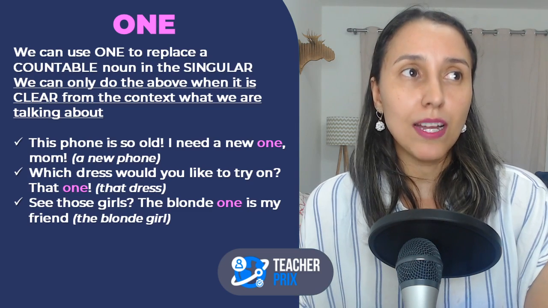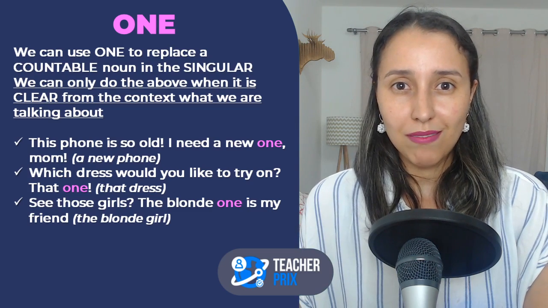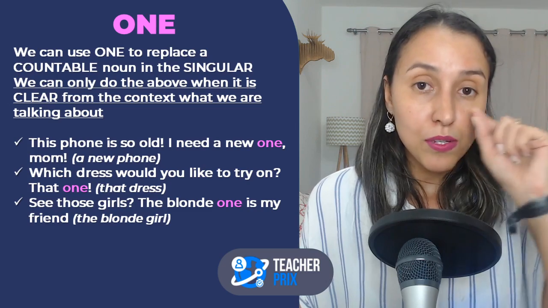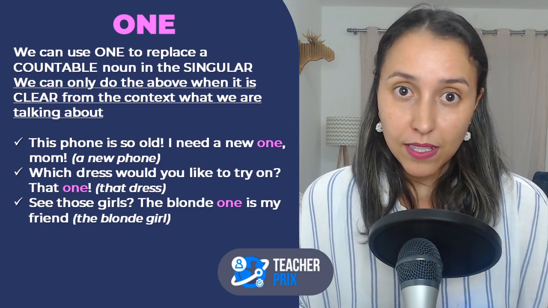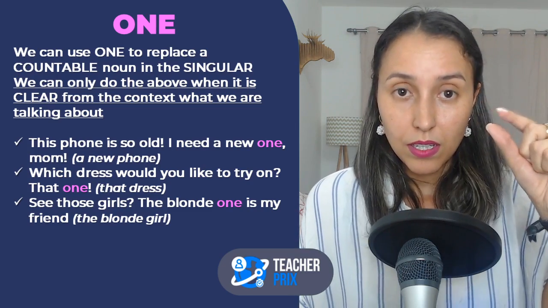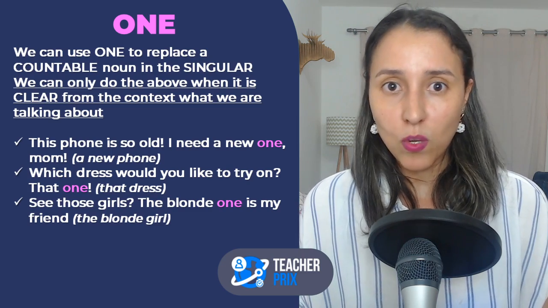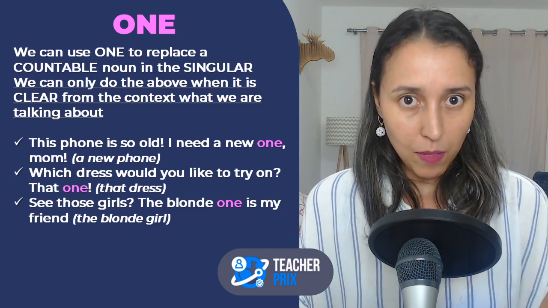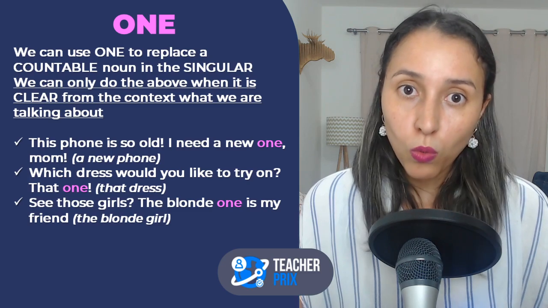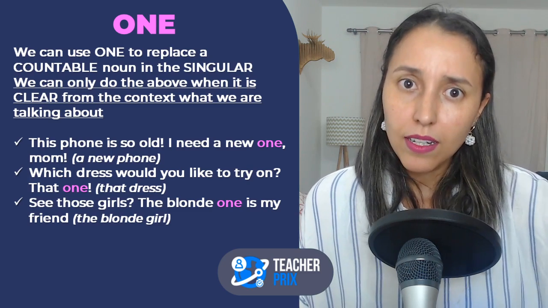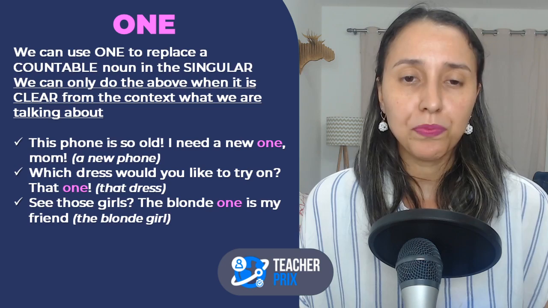So if you say, oh, I want that one, one what? Okay? So this is important. If the listener doesn't know what, you can't just start by saying one, ones, okay? So the listener needs to have a good idea of what you're talking about, okay?